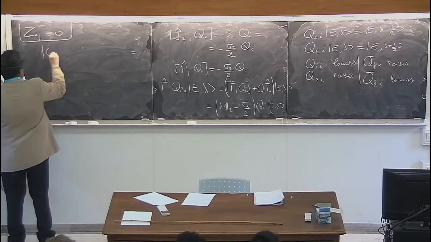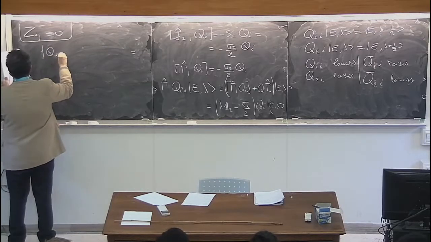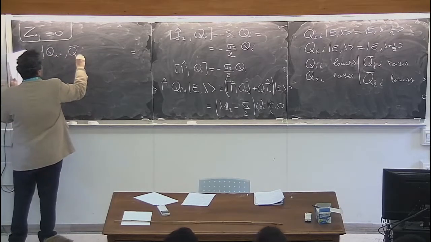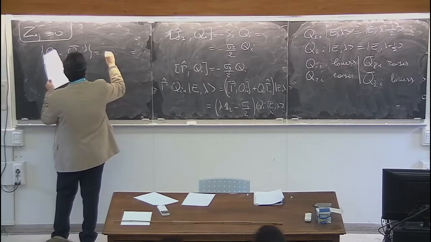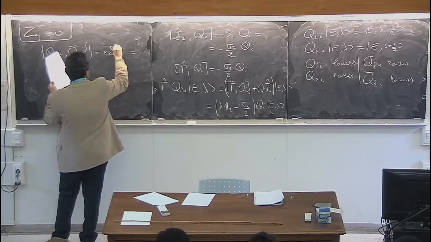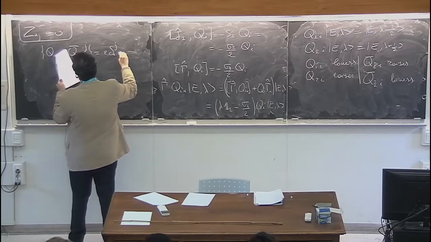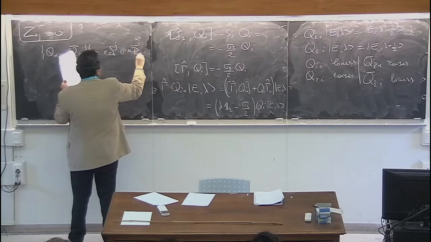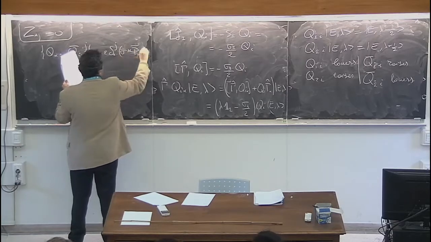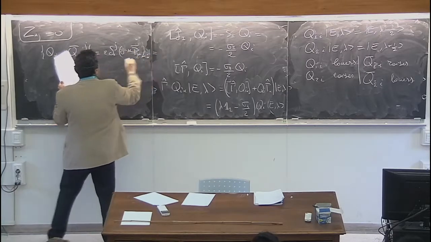Then what we have is the anticommutator of Q_alpha_i and Q bar alpha dot j, which is equal to 2 delta_ij sigma mu p_mu, alpha alpha dot. And what is this?